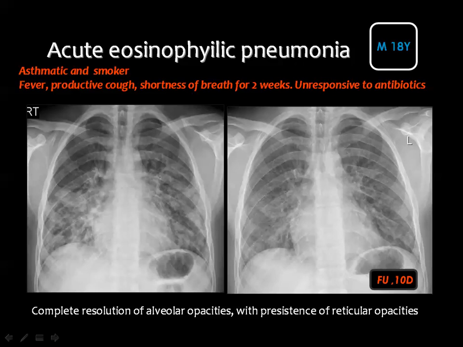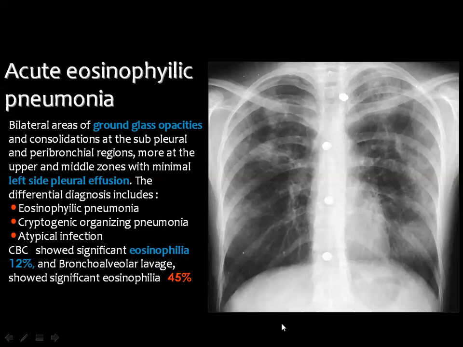Then the non-response to the antibiotics may draw your attention that this is not an ordinary pneumonia, and then you think of other types of pneumonia, and this is the follow-up chest X-ray after corticosteroid therapy.